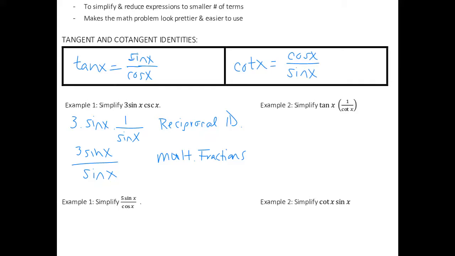And because I have sine x over sine x, that's just like 2 over 2 or negative 7 over negative 7. We are allowed to cancel those out, which means the final answer here is just 3. So what started as 3 sine x cosecant x ended up just being a simple 3.